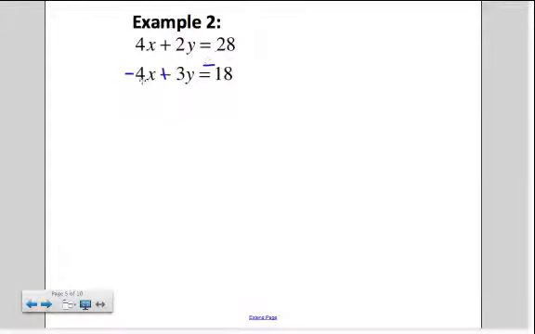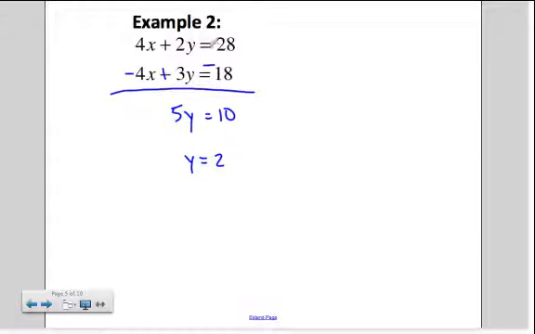It doesn't matter which one. I just chose the second one because it's easier for me. Okay, draw a line and then just add down. So we have 0x. We eliminated x. 2 plus 3 is 5y equals 10. Okay, divide by 5. y is 2. Now we know what y is. We're going to plug 2 in for y into one of the equations.